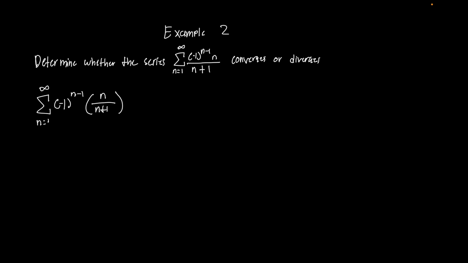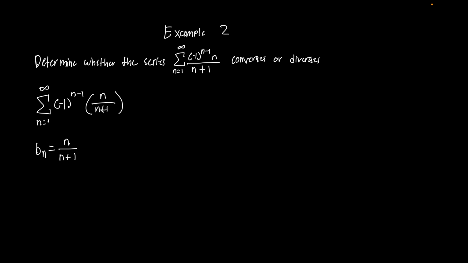That's all you've got to do. Whenever you get these types of problems, just make sure your (-1)^(n-1), or your alternator, you pull out all the terms after the alternator. So it looks something like this. It makes it easier because we now know our b sub n is just equal to n over n plus 1. That's our term.